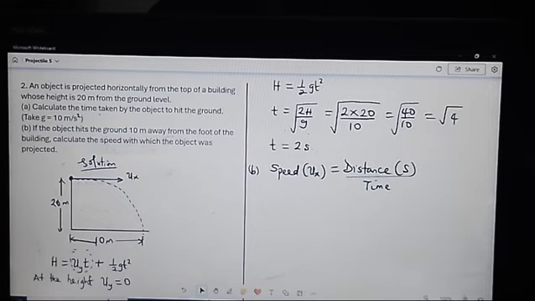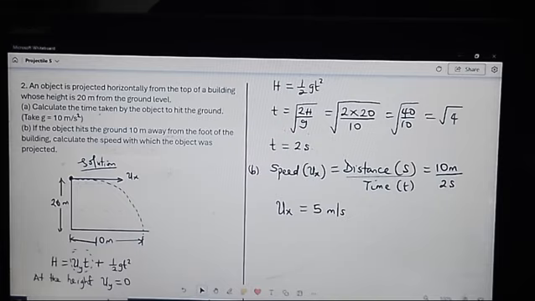So our time in this case is 2 seconds. So we say 10 meters divided by 2 seconds. That leaves us with the horizontal speed of 5 meters per second.